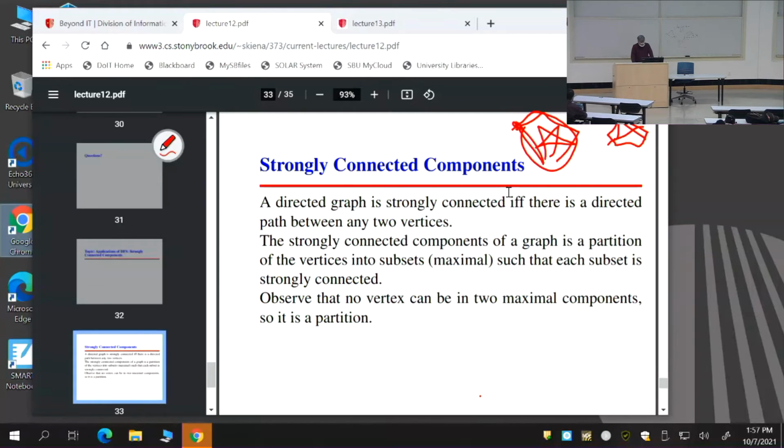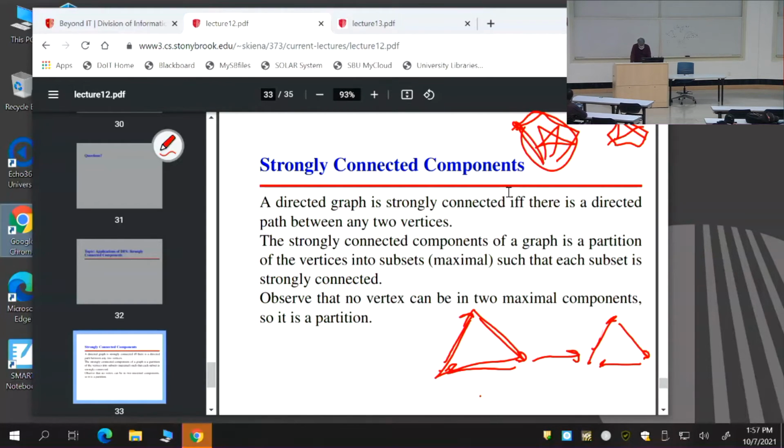Now notice that it's a little more complicated if we have a directed graph. Here I've got a cycle of 3 vertices. From here I can go to here, here, here. That's clearly strongly connected. I can drive between every piece.